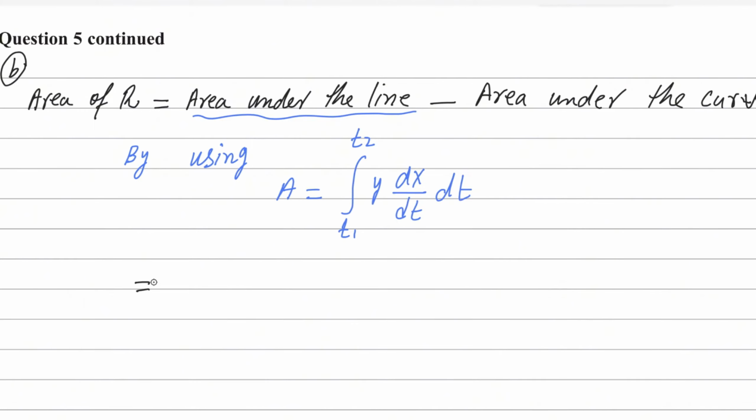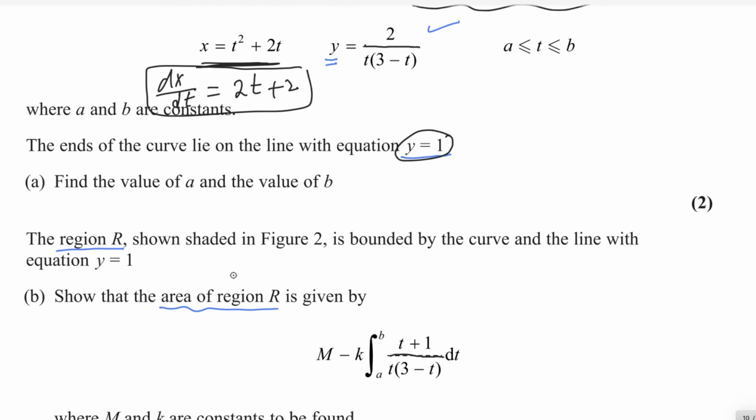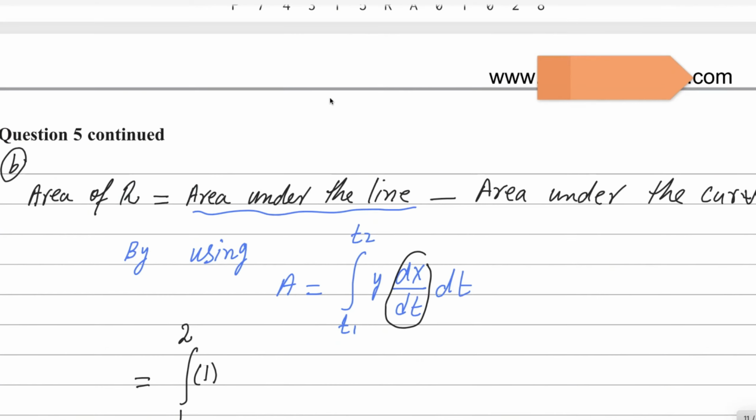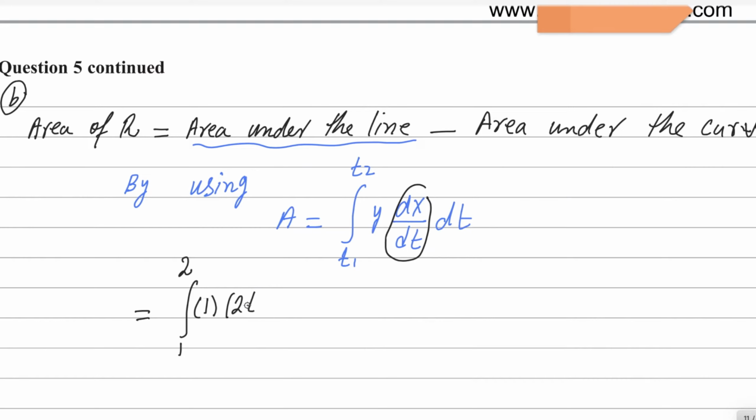For the line, area will be equal to, because it is from 1 to 2, we will take the limit from 1 to 2, and here y is 1, and dx by dt we already got, that is 2t plus 2, into 2t plus 2. This is the area under the line from 1 to 2. This is the equation of the line, y equals 1, and this one is dx by dt, and here we will write dt.